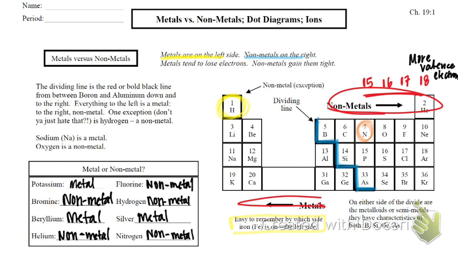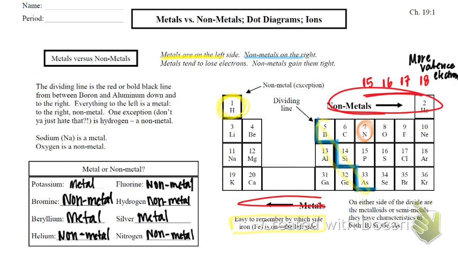They also talk about semi-metals, or what do we call them? On either side of this stair step, so all of these that are touching, they have characteristics of metals and non-metals, because they're just in the middle.